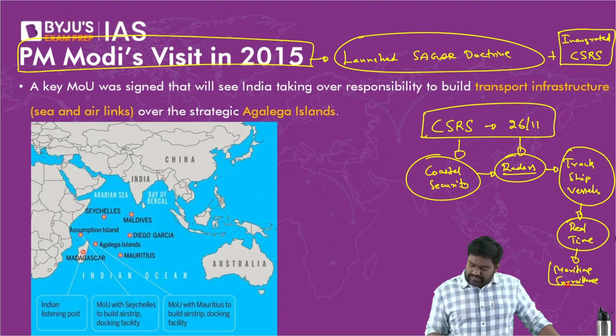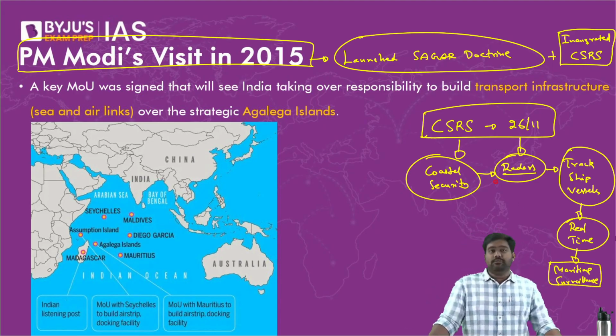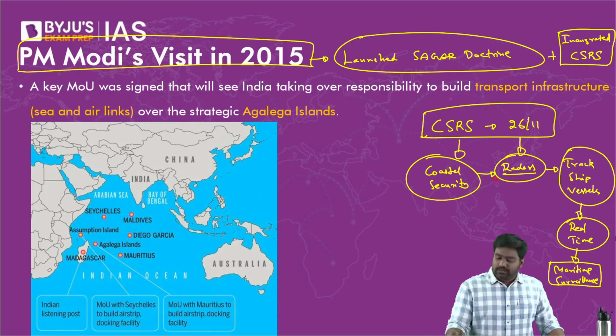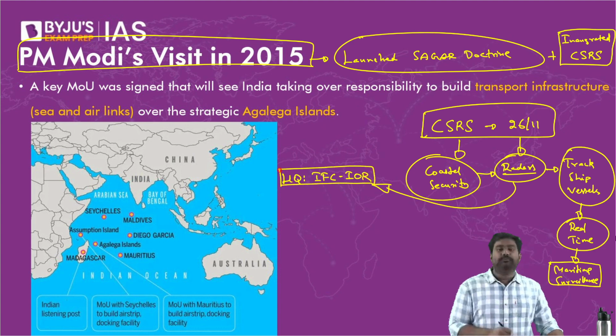All right, all the data collected by the radars is collated into the regional command centers of the Indian Navy. And finally, the data is integrated at the national headquarters of this project, which is IFC IOR, Information Fusion Center for Indian Ocean Region.